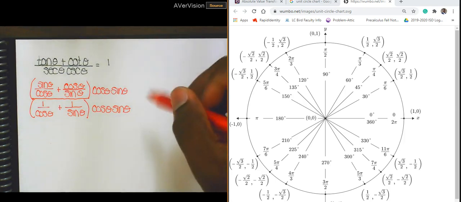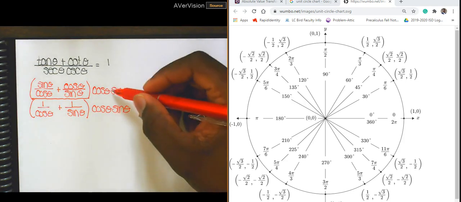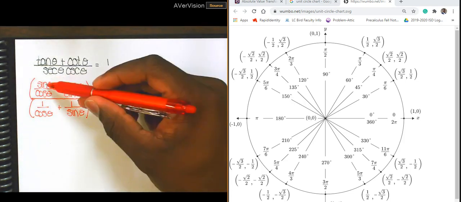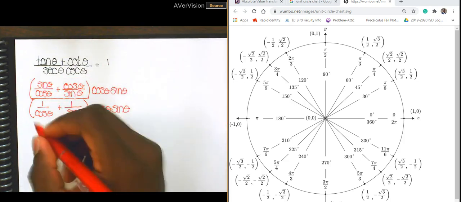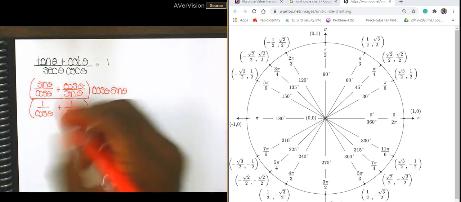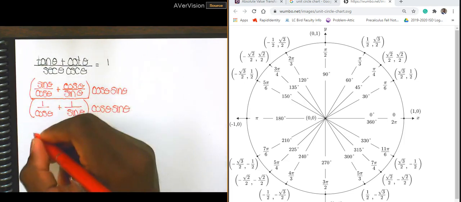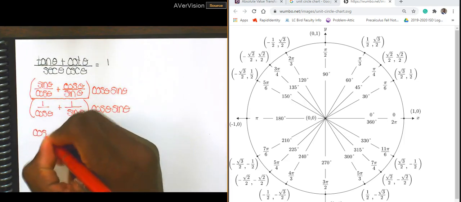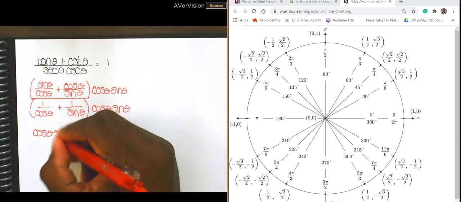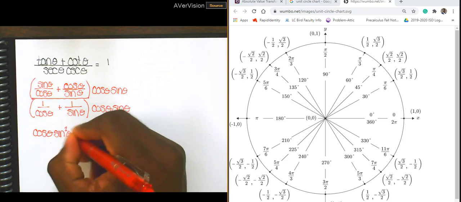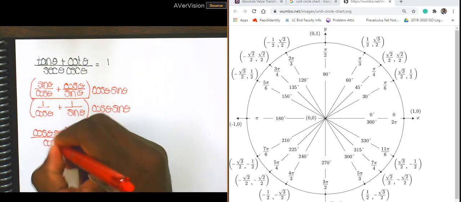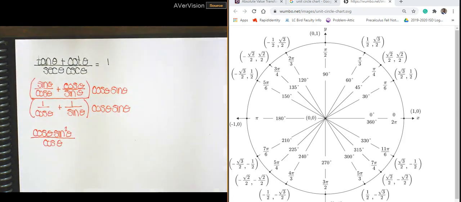And if we do it to the top, we have to do it down here too. Almost. So since we're multiplying into a group with a plus sign, we have to distribute. So if we multiply this fraction by sine over cosine, we get cosine theta, sine times sine is sine squared over cosine.